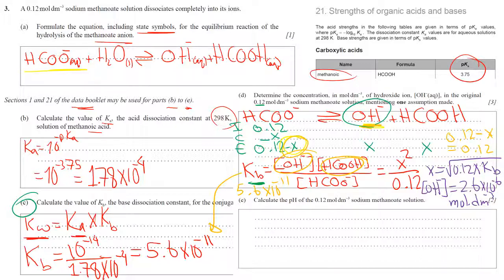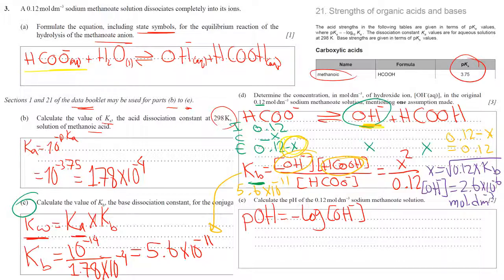Very good. Now let's move to the next one. It's asking us to calculate the pH. We already have the concentration of OH ions, so we can calculate the pOH, which is equal to negative log of OH negative.